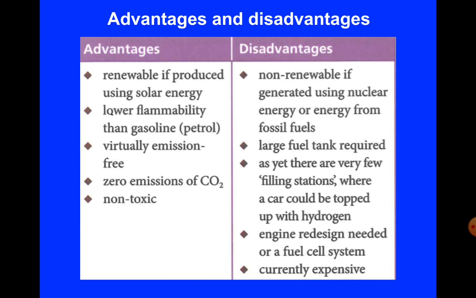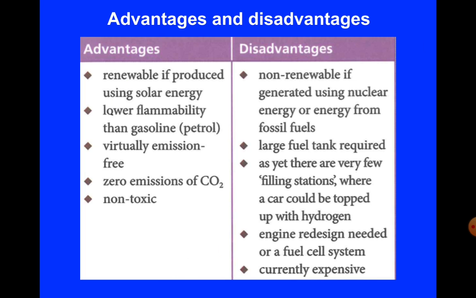Now, the advantages are it is renewable if produced by solar energy. It has a lower flammability than gasoline. It's virtually emission-free, no emissions of carbon dioxide, and it's non-toxic. What's the disadvantage? It is of course non-renewable if we use other types of energy like nuclear energy or energy from fossil fuels.